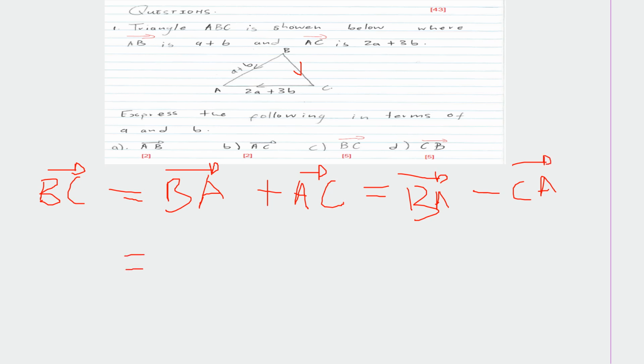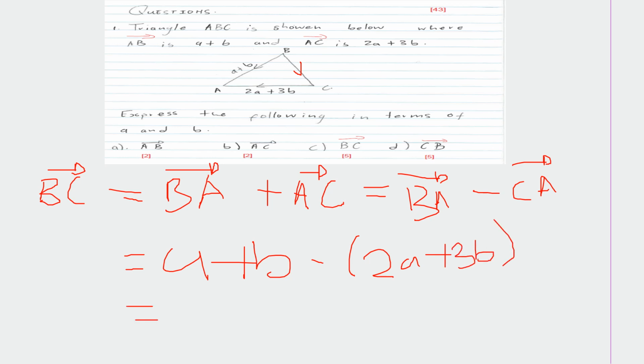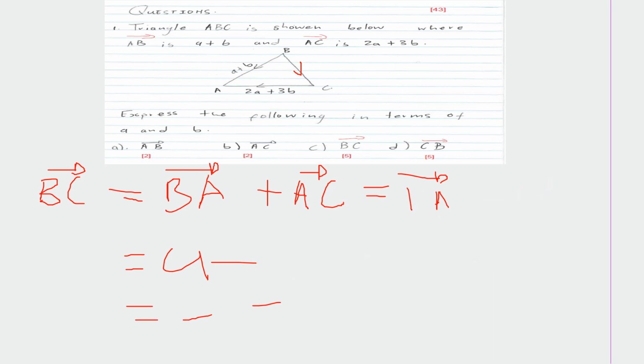Now we know the value of BA is A plus B minus the value of CA, which is 2A plus 3B. Now when you simplify everything, negative 2A will combine with A, and then we have negative A. Then also negative 3B will add with B, and then we have negative 2B. And this will be the final answer. So let's erase and look at the last one.